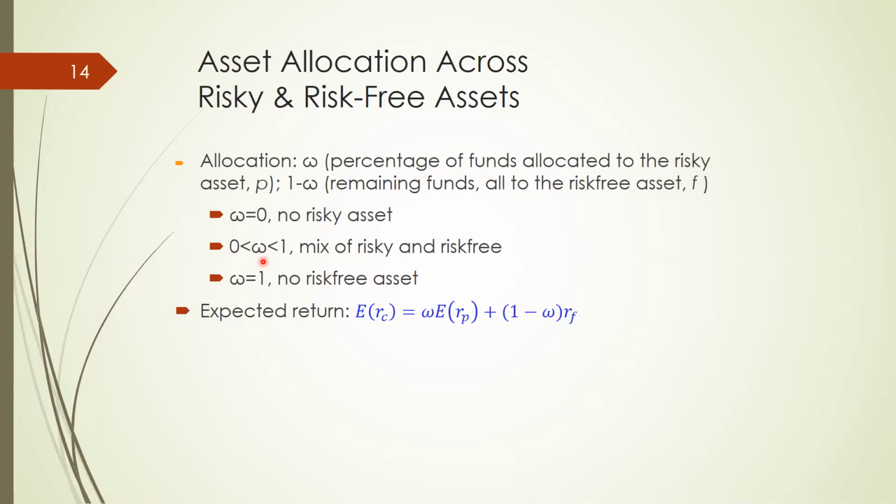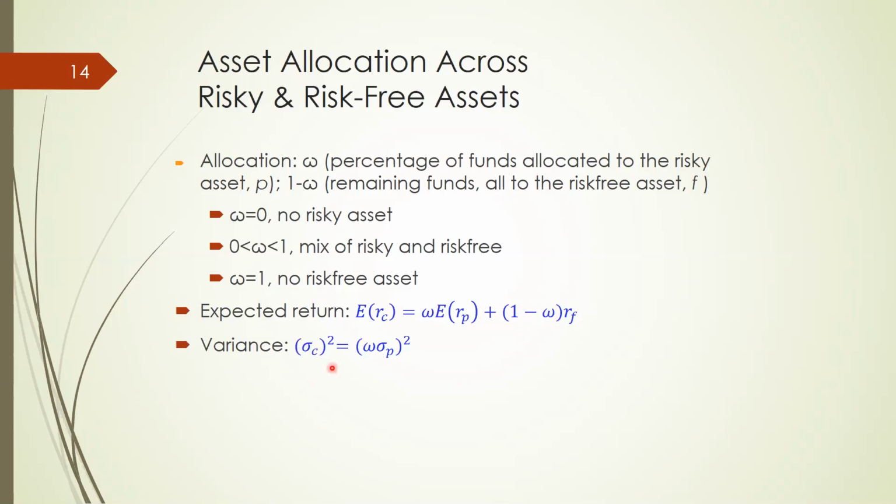So we have two important formulas to use here. The expected return of the combined portfolio is a weighted average of the risky and the risk-free return. The weight is determined by omega and 1 minus omega. So it's a linear combination of returns that yields the combined return.